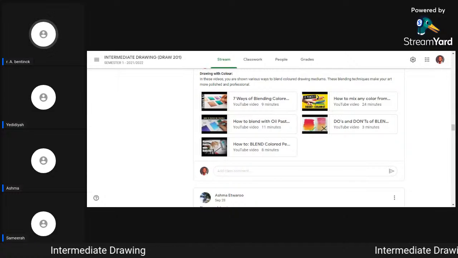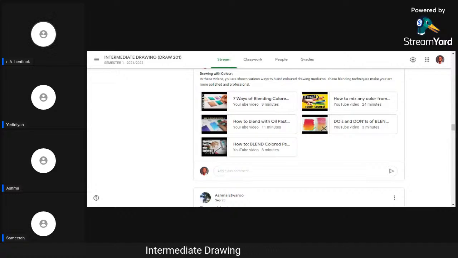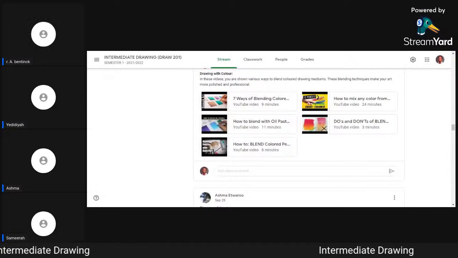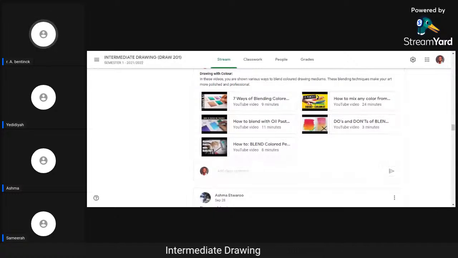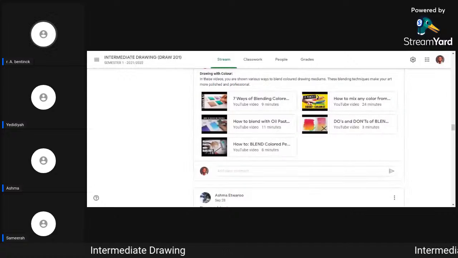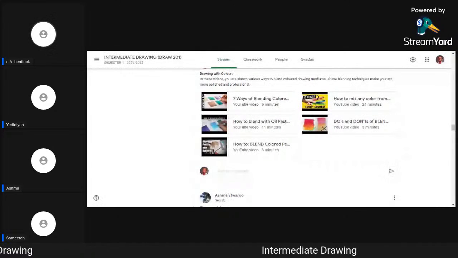And even if you don't know, from the reference videos on the stream you should get an idea of how to approach colors. If you study the Impressionists, and you're doing a good job of studying landscape drawing, more specifically in color, you'll be able to find answers to those questions about what types of colors you use.